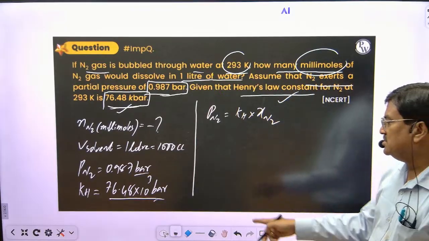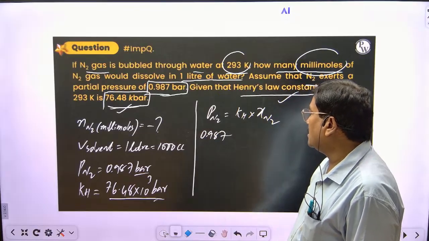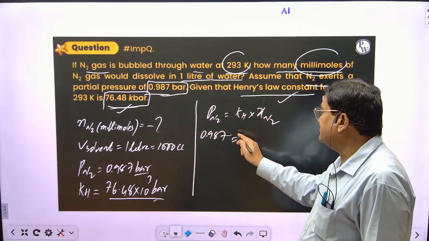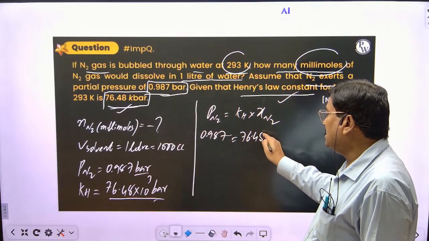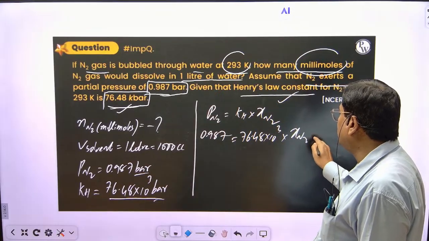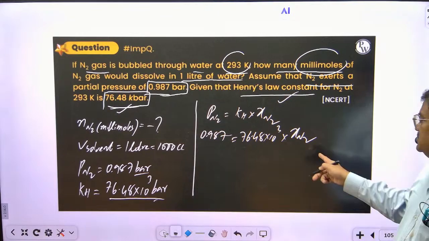Now substitute. The partial pressure is given as 0.987, and the kH value is given as 76.48 into 10 power 3, into mole fraction of nitrogen, which we have to find. So this is unknown.